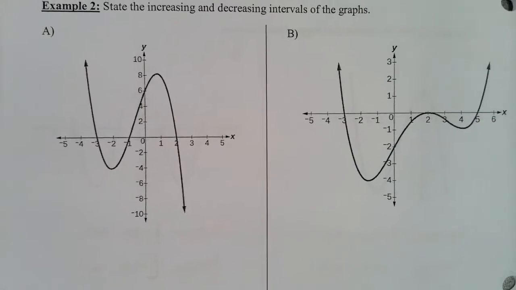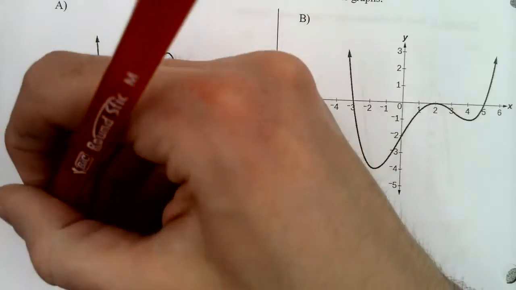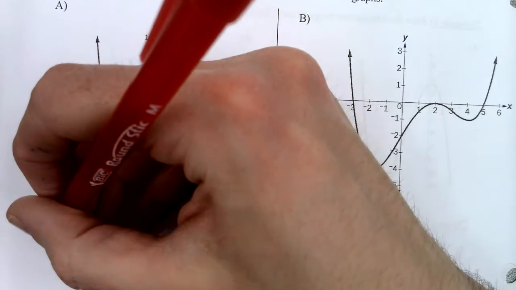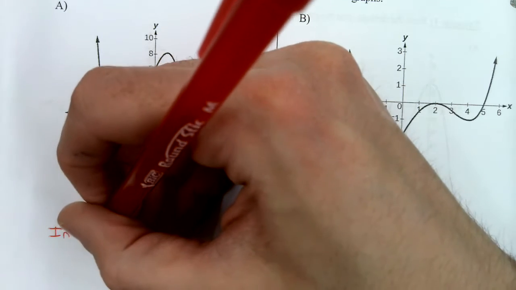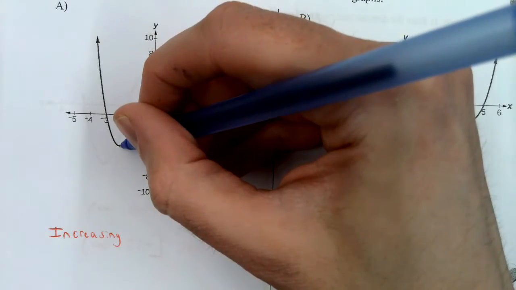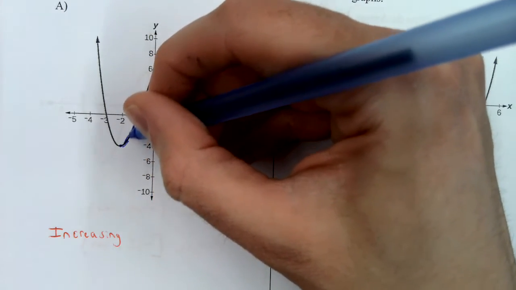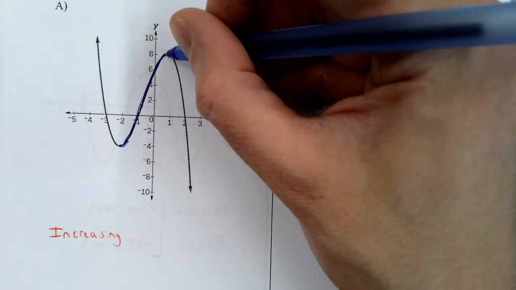Okay, so state the increasing and decreasing intervals of the graph. So I'll do increasing in blue, okay? And this might be a little hard to see, but this is where it's increasing, right there in blue. I'll just do the increasing in blue.